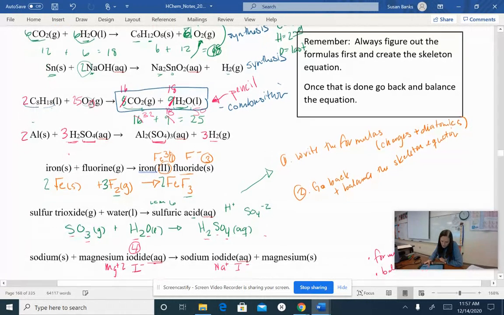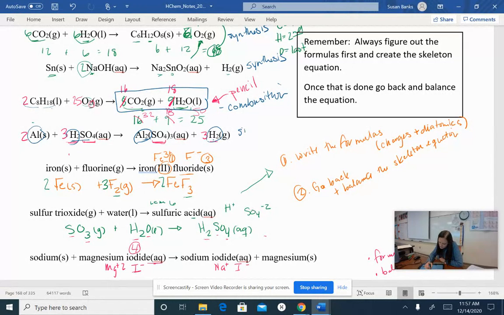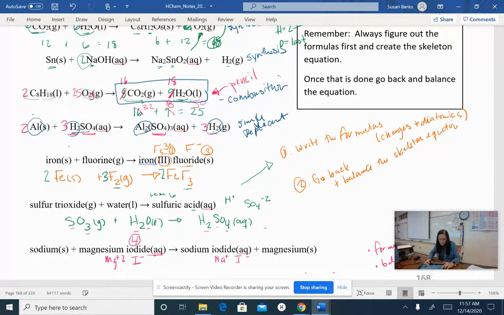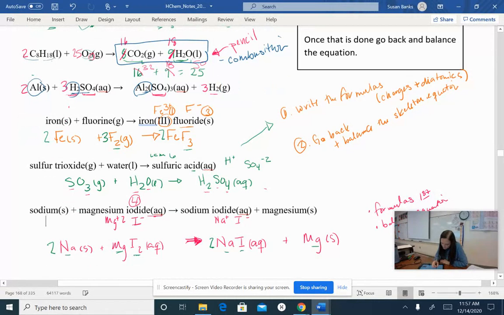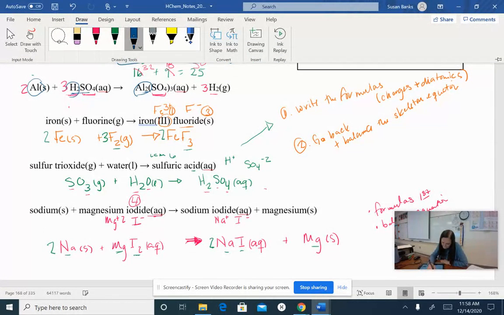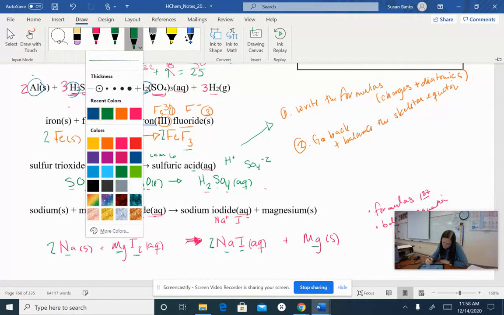Okay? Aluminum and sulfuric acid, I get aluminum sulfate and hydrogen. Notice that the aluminum and the hydrogen are just switching places. So this is a single replacement or displacement. Okay? Iron and fluorine are getting together to make iron fluoride. That is a synthesis. Okay?